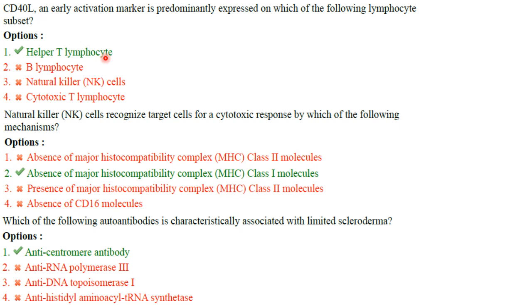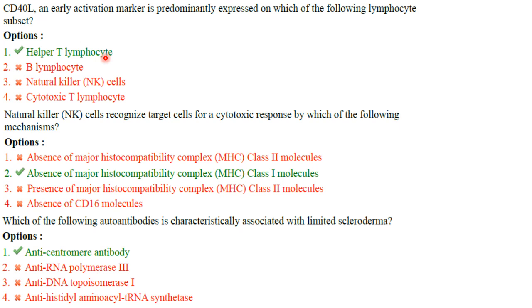One is by absence of class 1 MHC molecule on tumor cells and virus infected cells. Another is that the tumor cells and viral infected cells display certain antigens. These antigens help in the formation of antibodies.